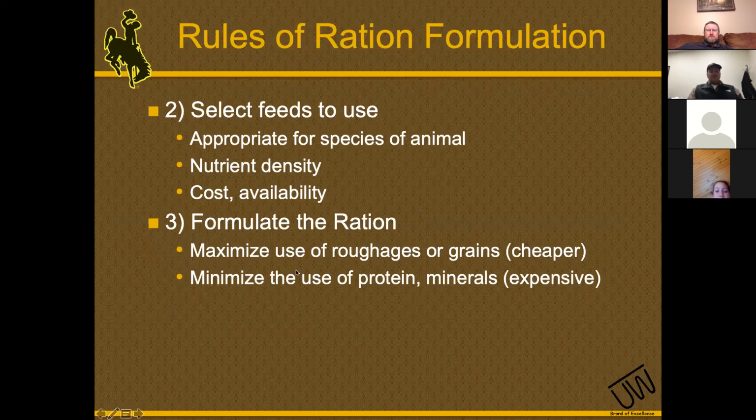It's still the same as figuring out what nutrient type we want. We're going to maximize roughages. Especially if we are pushing animals, we want to keep a certain amount of roughage in the diet. If we were in a live class, I'd quiz you on this and show you a graph.